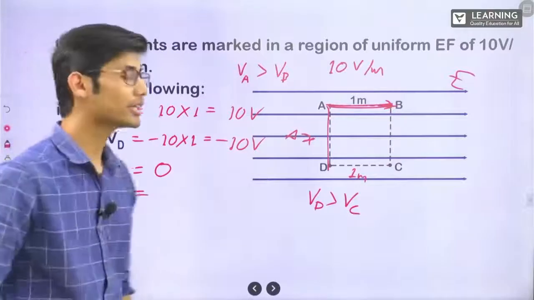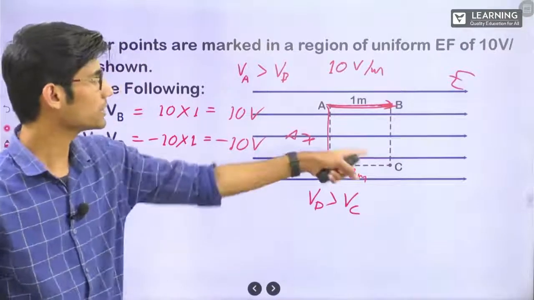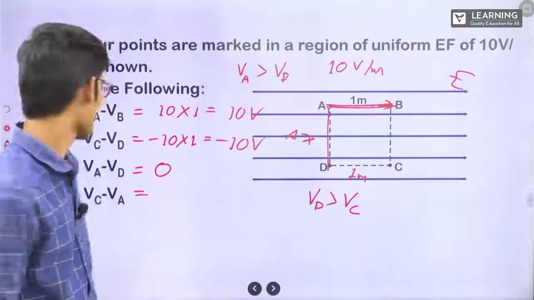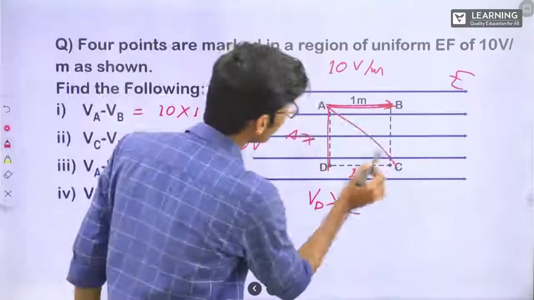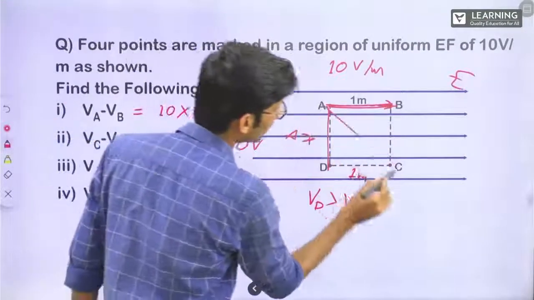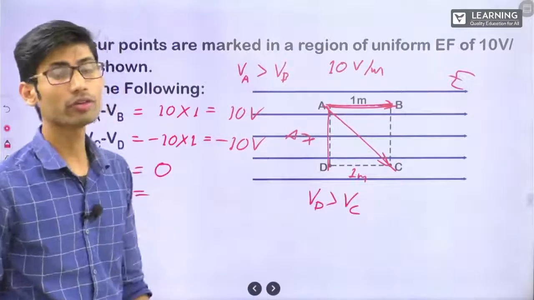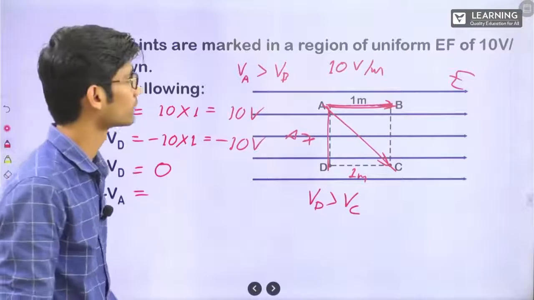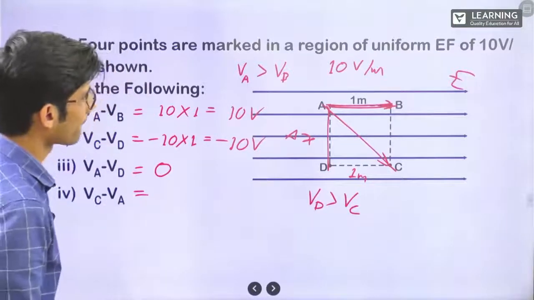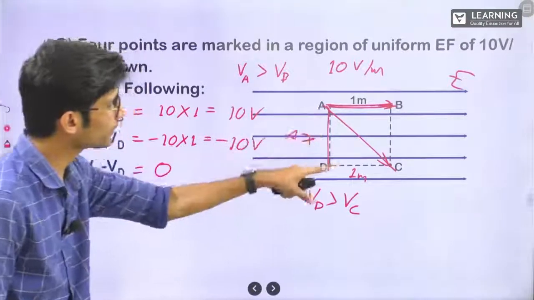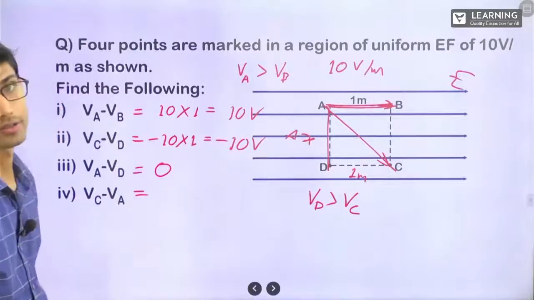Here, VC minus VA. VC, VA. We are moving from here to here. VC minus VA means we are moving from A to C. On moving from A to C, what will be the potential difference? Tell me.